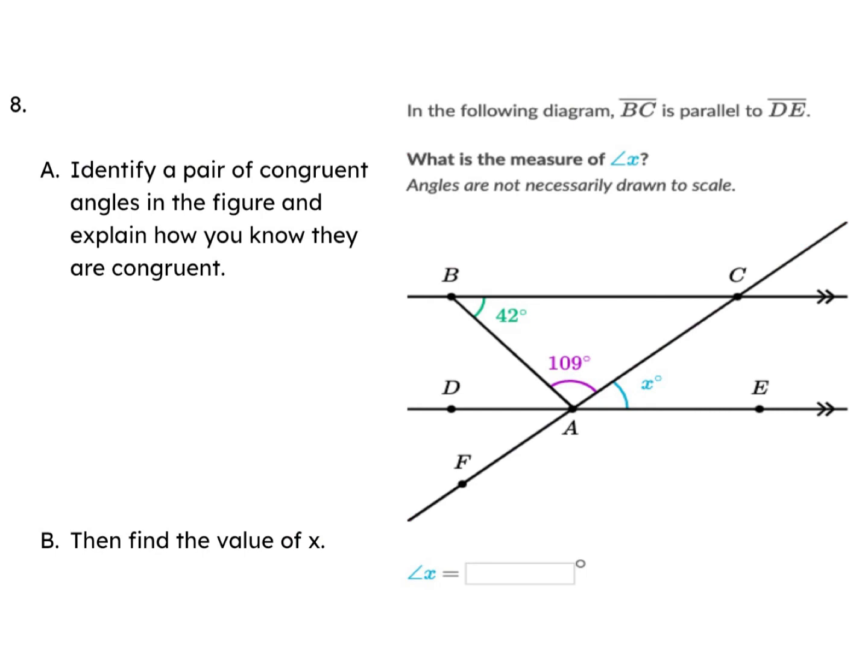Okay, in the following diagram, BC is parallel to DE. What is the measure of angle X? And I first have to identify a pair of congruent angles in the figure and explain how I know that they are congruent. So I'm going to use that tracing paper idea, and I'm going to look at angle X here. It looks to me like it's probably congruent up here to angle BCA.